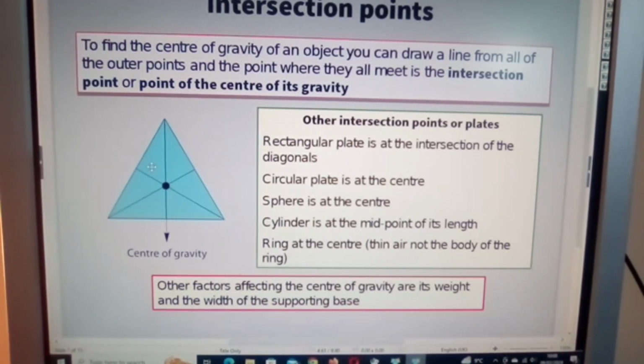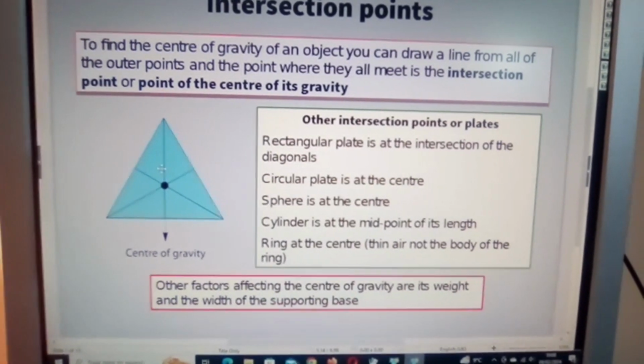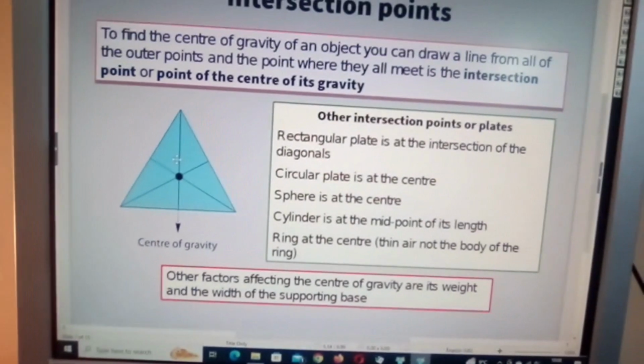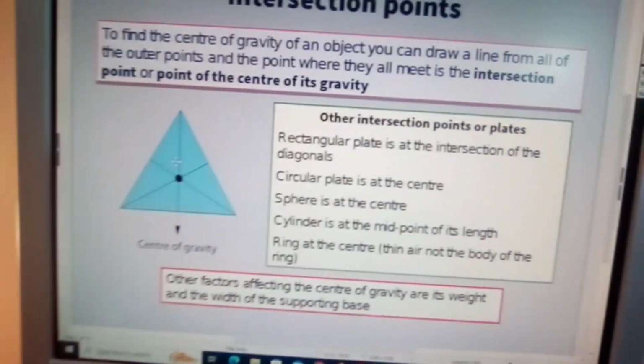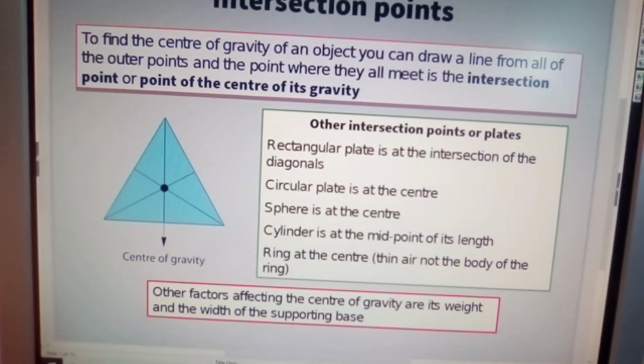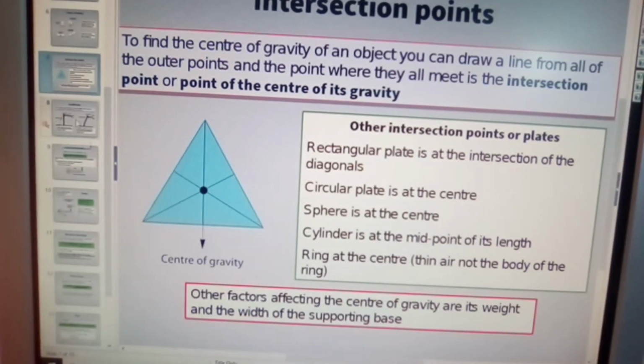Because a lot of work has gone into maintaining its center of gravity, okay? And that's the relevance of this, okay?